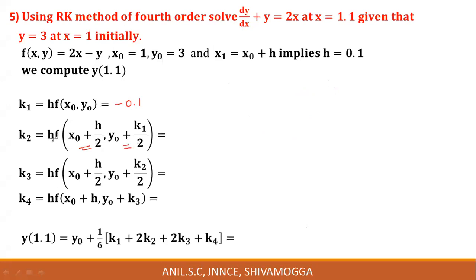Make these substitutions. h is 0.1, f of x naught plus h by 2. x naught is 1 plus h by 2 is 0.1 divided by 2, comma y naught plus k1 by 2. y naught is 3 plus k1 is minus 0.1 divided by 2. You first simplify these two components and then apply the definition of f of x comma y. Simplify.